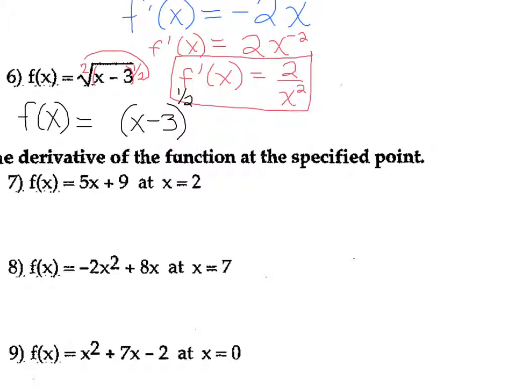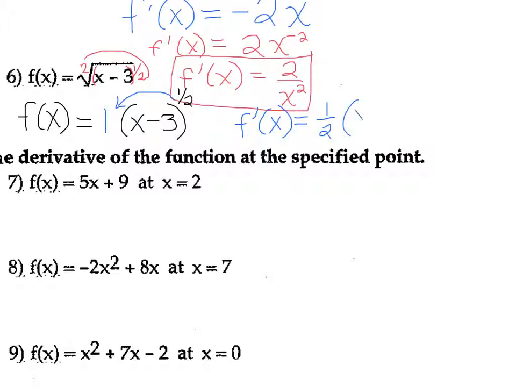Now once you write it like that, then get the derivative of that. So the derivative, again, what you're going to do with problems like this when you have a binomial is bring the number that is in the front, which is like a 1. You multiply 1/2 times 1, and that would be 1/2. So the derivative is f prime of x equals 1/2 times 1, which is 1/2.